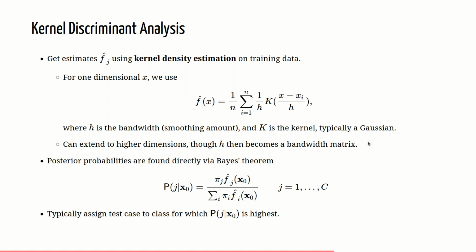So kernel discriminant analysis estimates the Fs using a kernel density estimate on the training data. And so a kernel density estimate, you remember we looked at those when we did geom density and ggplot.